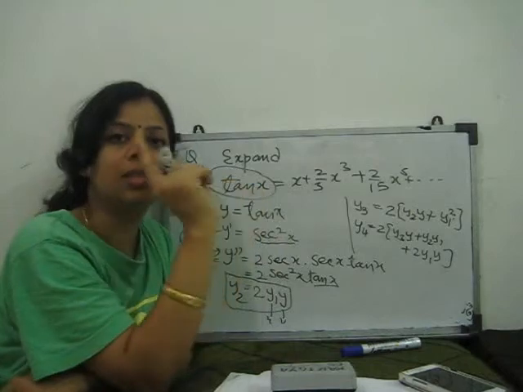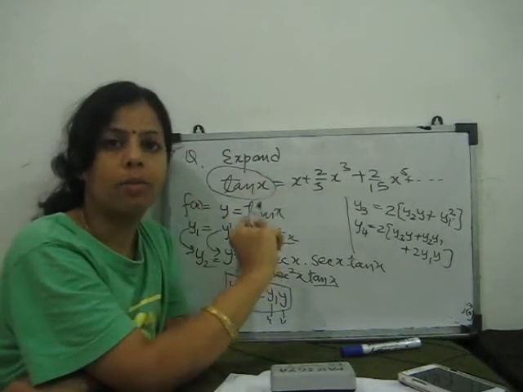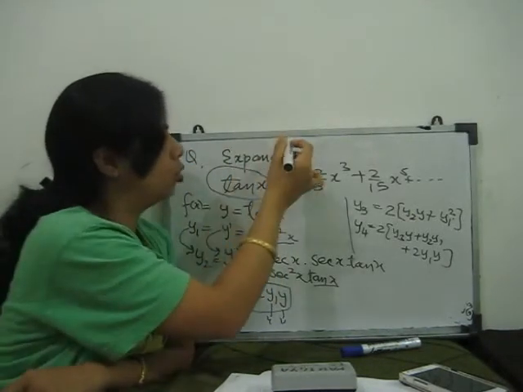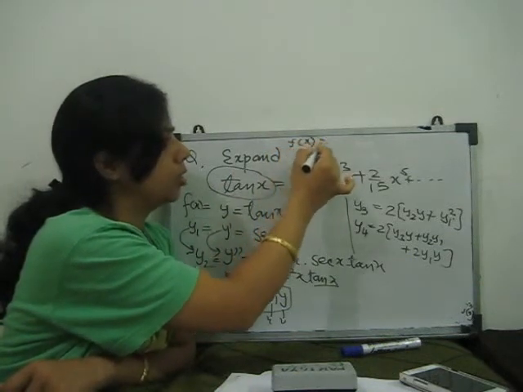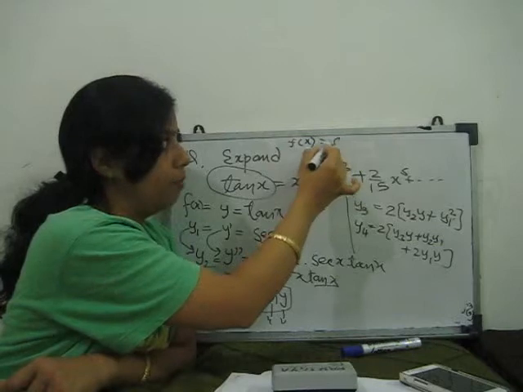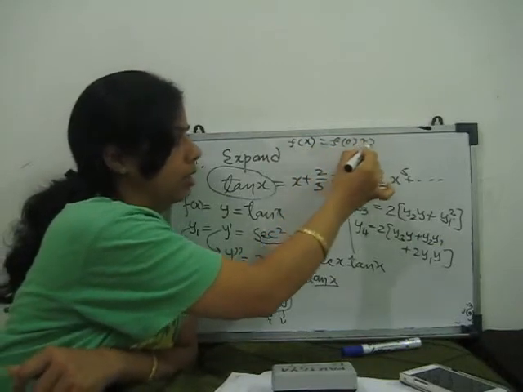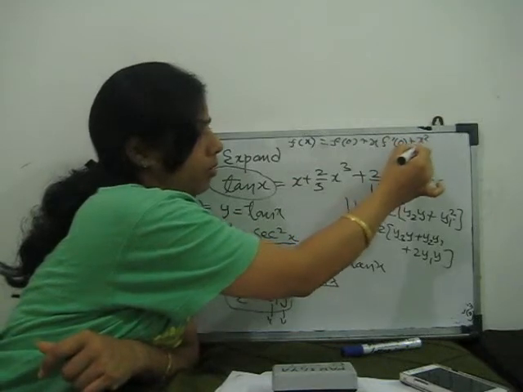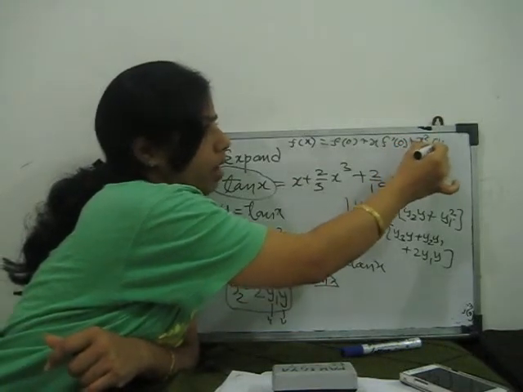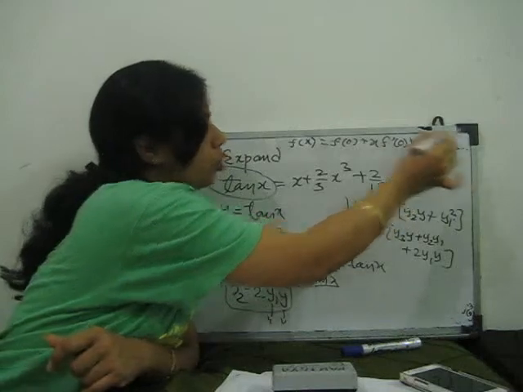Series in x means this is a case or example of Maclaurin's series. Now you should write what is your Maclaurin's series. f of x is equal to f of 0 plus x f dash of 0 plus x square by factorial 2, f double dash of 0, and so on.